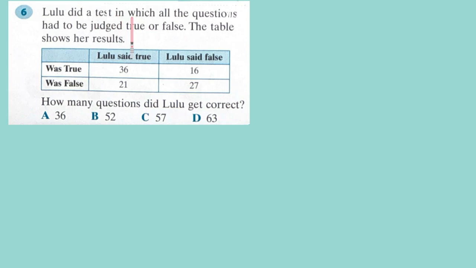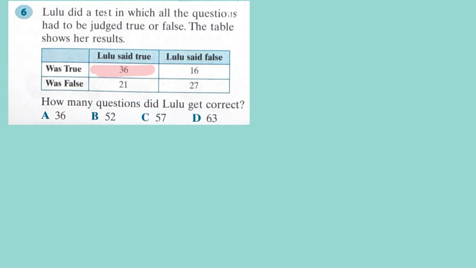Lulu did a test in which all the questions had to be judged true or false, and the table shows her results. How many questions did Lulu get correct? Of the questions that were true, Lulu said 36 were true. So she got these true questions correct.